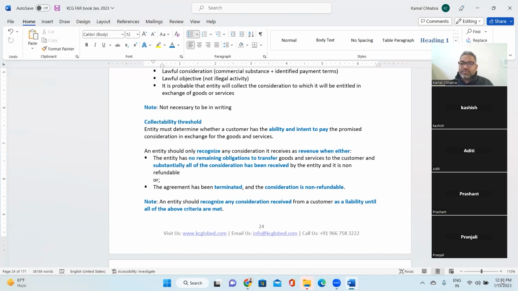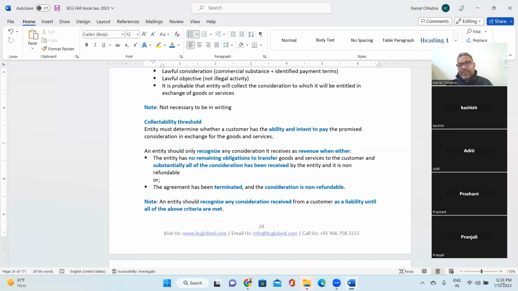Make sense? Yes. And the second thing is, if I have no intention to pay, then how can you recognize? Or why would you enter into an agreement with me?